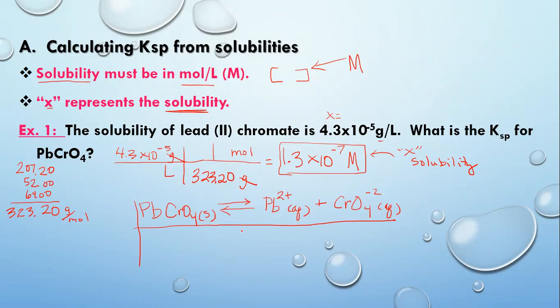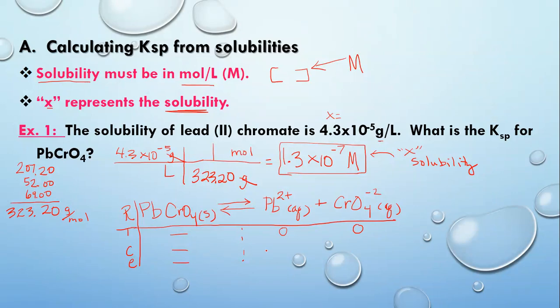All right, so initially, if you think in terms of your ICE table, I'll do RICE because we do have the reaction. First of all, this is a solid, so solids don't even matter, so you don't have to put anything there. Initially, it would not have dissociated before you put it in the water, so you're going to put 0, 0.